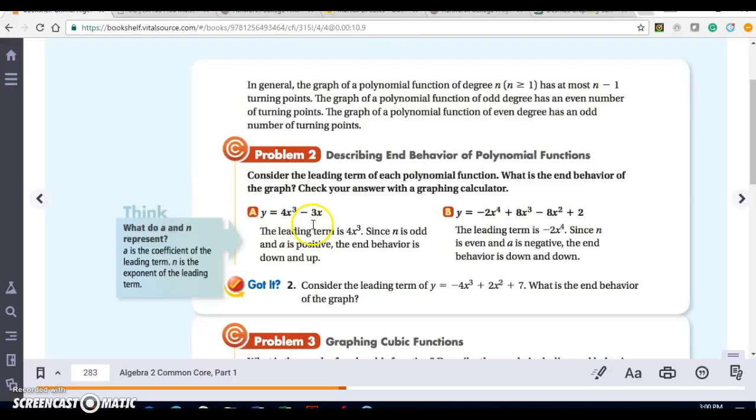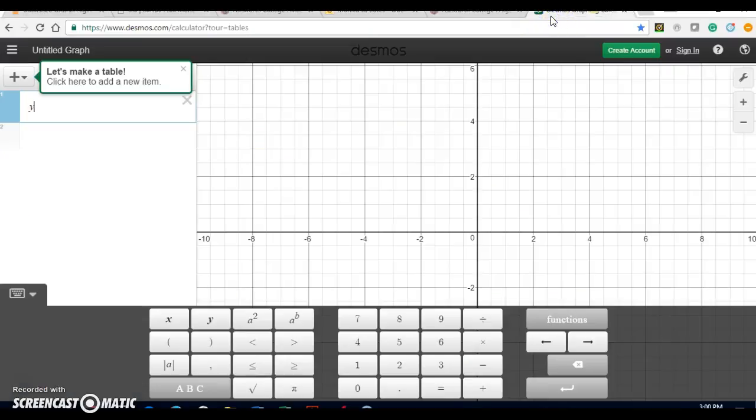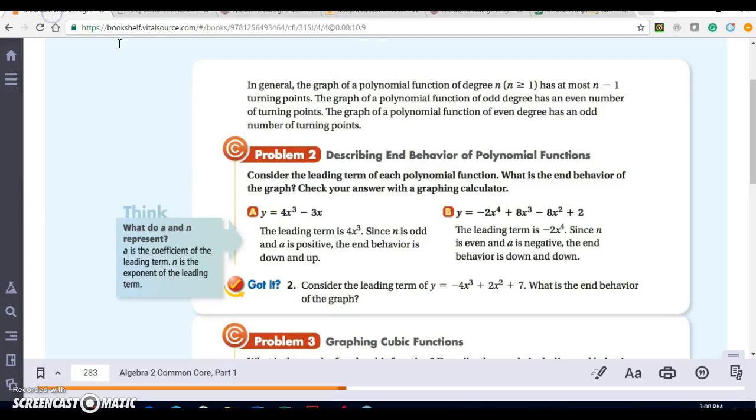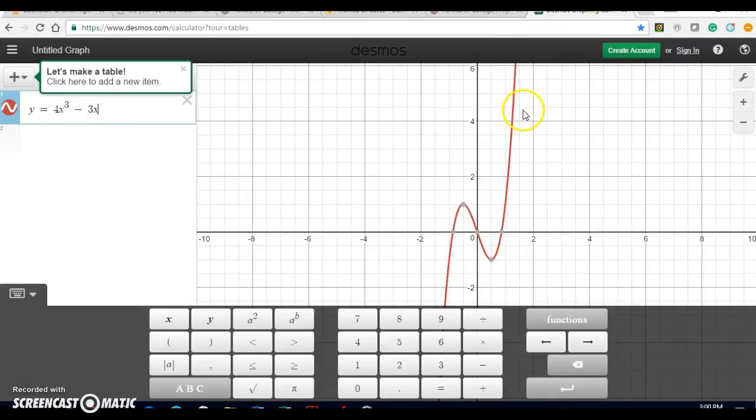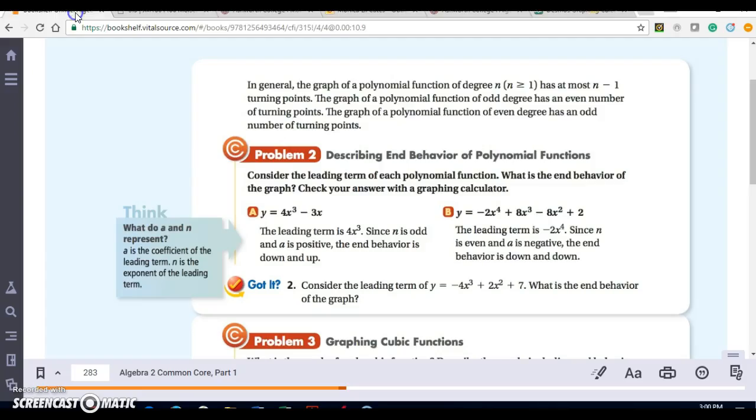And let's do 4x to the third minus 3x. Okay, and so here it is, just like what the book said. The book said that we have a down and up. So we have down and up. Okay, let's do the next one.